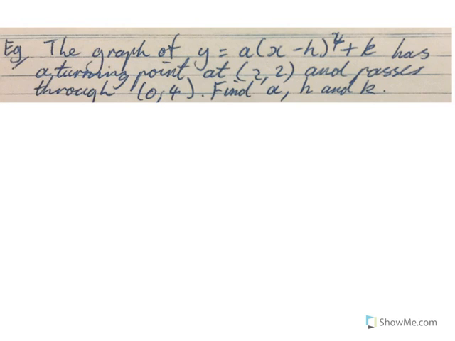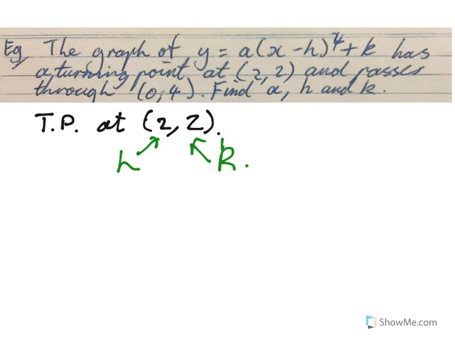So, turning point at (2, 2). So there's our first key thing. Turning point at (2, 2). So there are our translations. As we will already be aware, there's our h and there's our k.